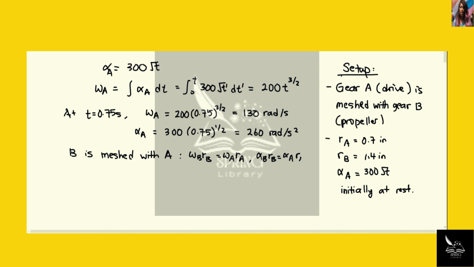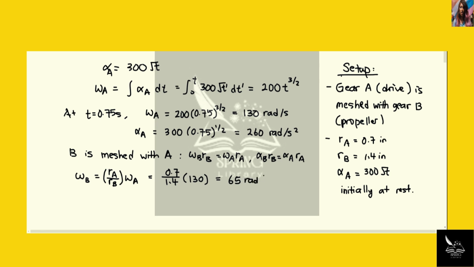The tangential speed must be the same, and the tangential acceleration must be the same. Here we can find omega B to be RA divided by RB times omega A. So 0.7 divided by 1.4 times 130 is 65 radians per second.